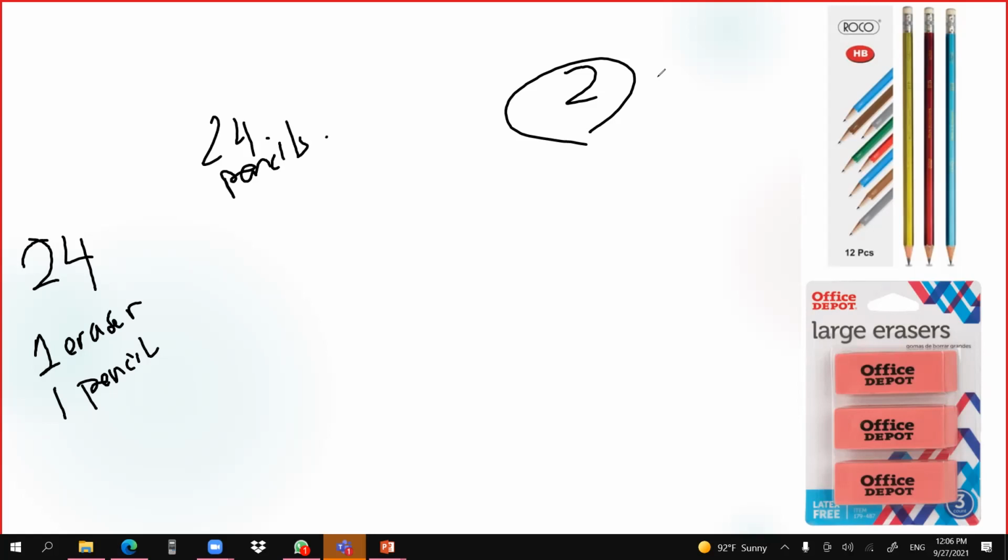The second one, here we have 3 erasers in a packet, but you want 24 erasers. So how many packets will you buy? How many packets will you need?